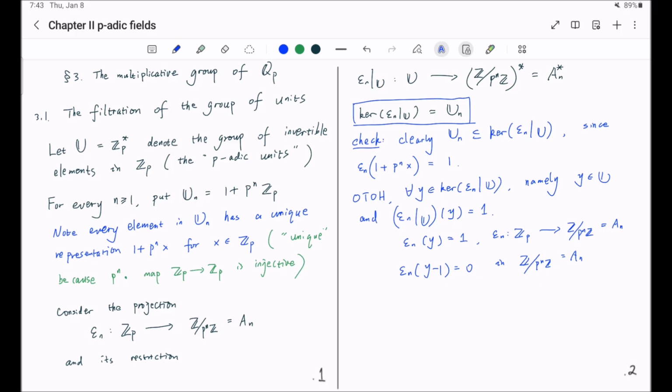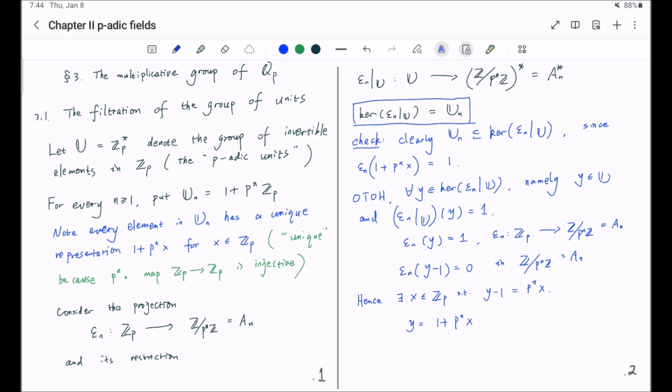What does this mean? This means y minus 1 is divisible by p to the power n. Or in other words, y minus 1 is a multiple of p to the power n times some element in Z_p. And therefore y is equal to 1 plus p to the power n x.